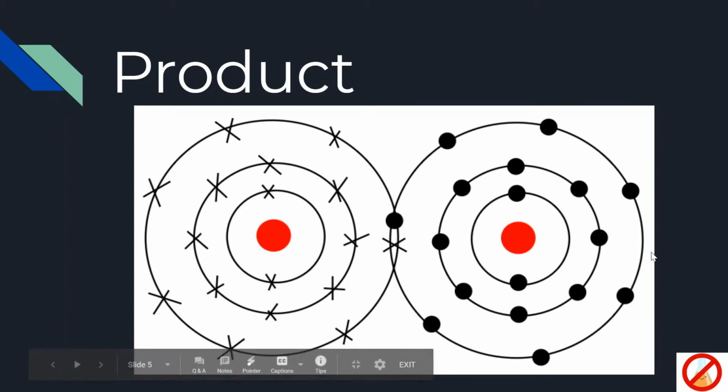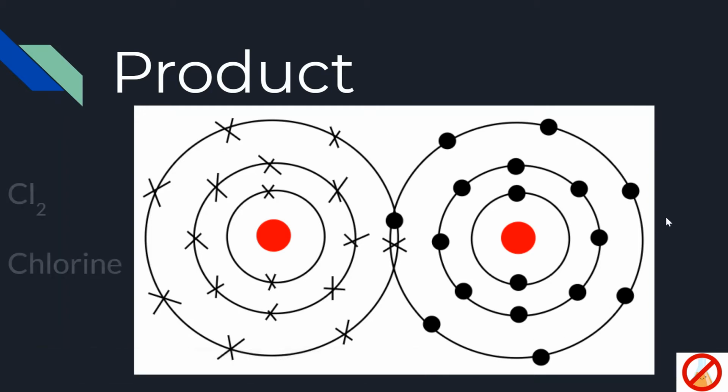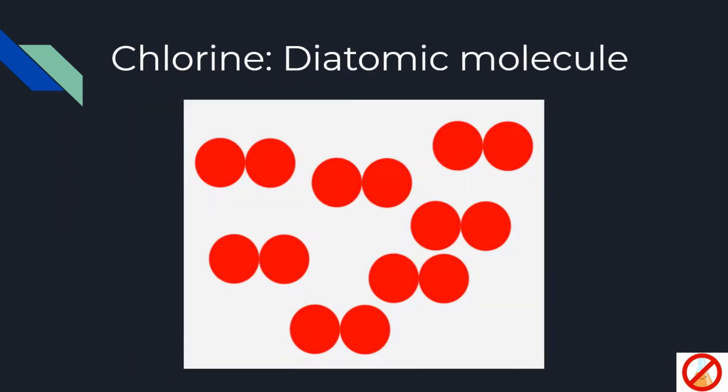So both chlorines now have a full outer shell. And now you will see chlorine appear in this form as Cl2, which we call a diatomic molecule. So it always exists in pairs. In the natural world, chlorine gas always exists in pairs, just because they have to covalently bond with each other in order to achieve a full outer shell.